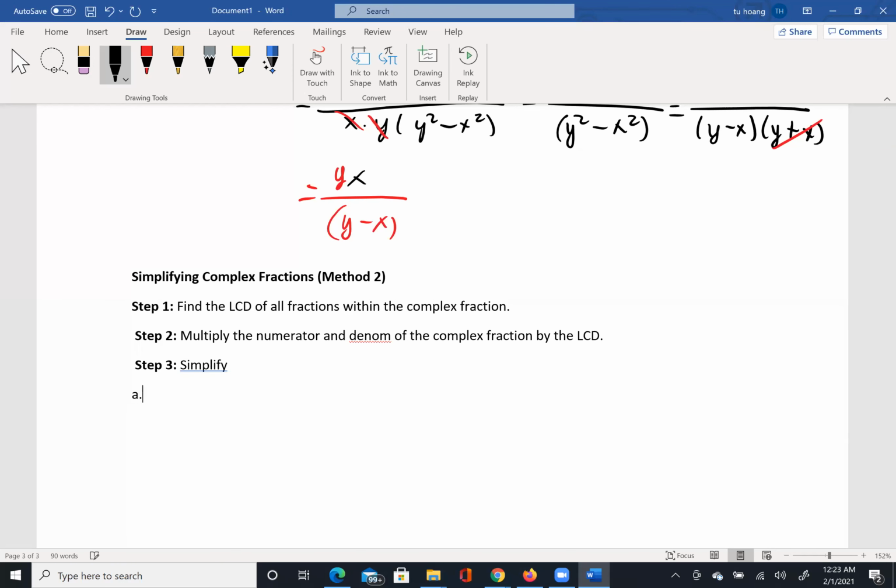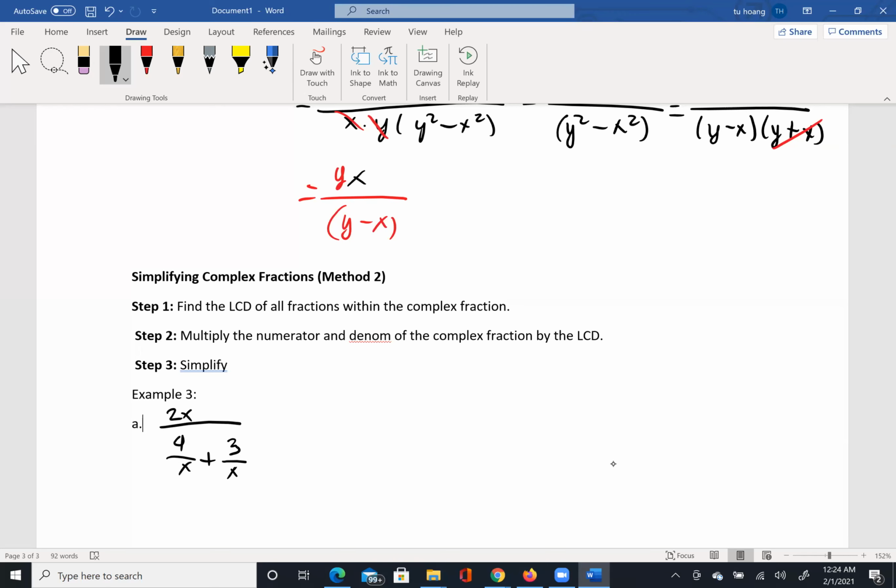Okay, so let's do example 3. I have 2x divided by 4 over x plus 3 over x. Okay.